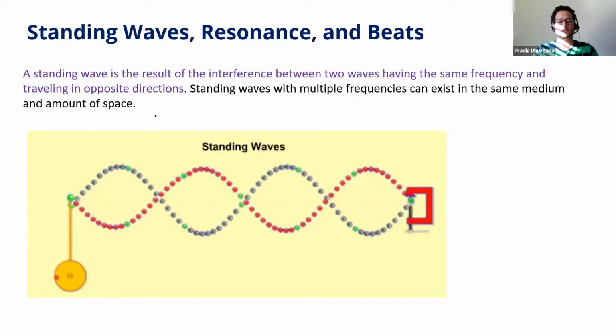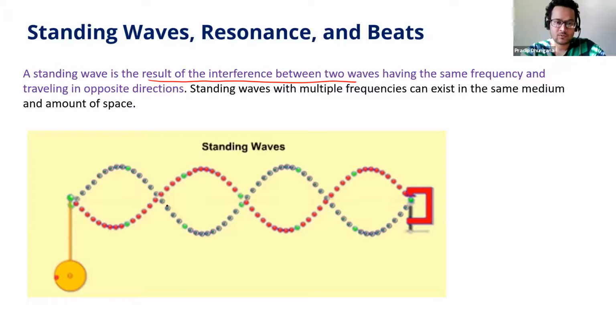We have just gone through the definition of interference, and interference is the cause of a standing wave. A standing wave is the result of interference between two waves having the same frequency and traveling in opposite directions.